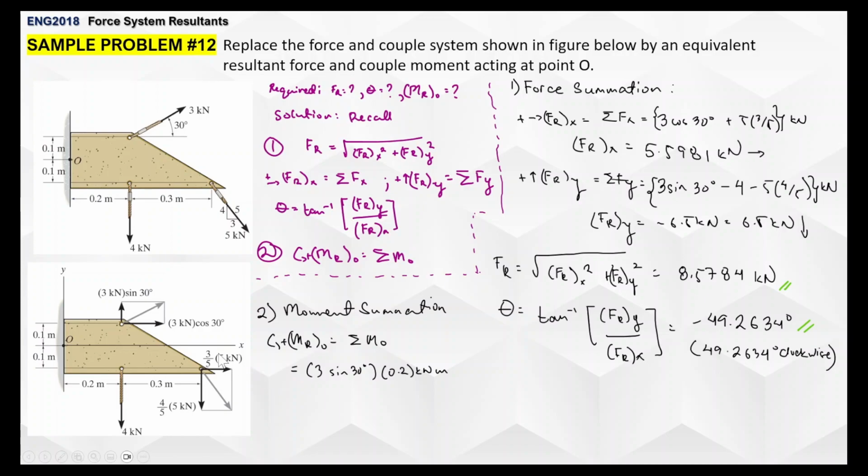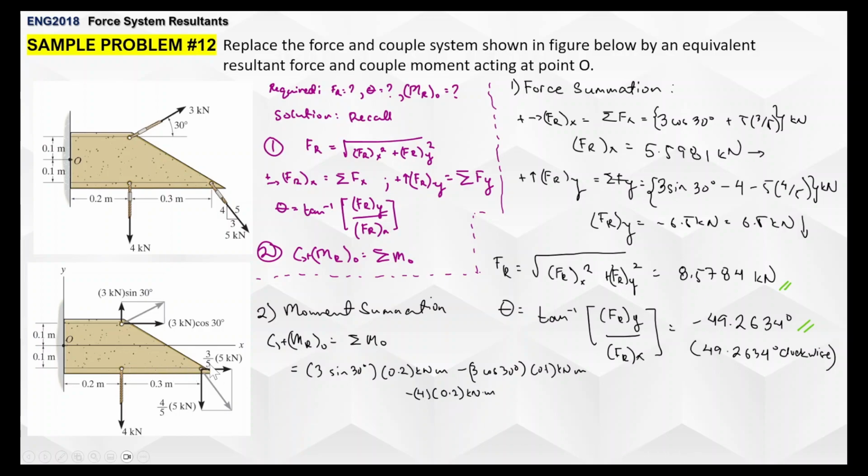Next one is 3 kilonewtons cosine 30 degrees. The perpendicular distance is 0.1, but since it's going clockwise, it's going to be negative 3 cosine 30 degrees times 0.1. Next is the 4 kilonewtons. The perpendicular distance is 0.2, but it's rotating clockwise, so it's going to be negative 4 times 0.2 kilonewton meter.